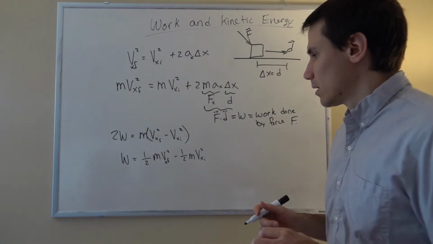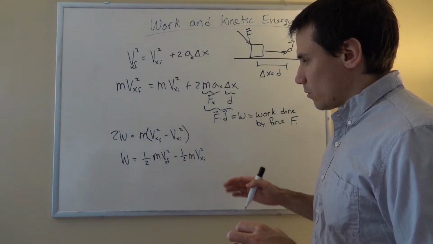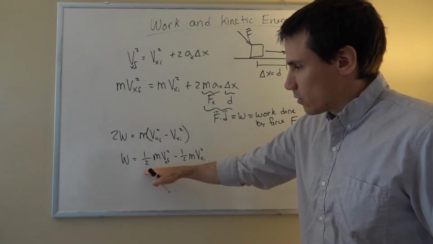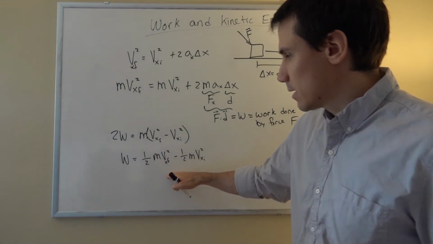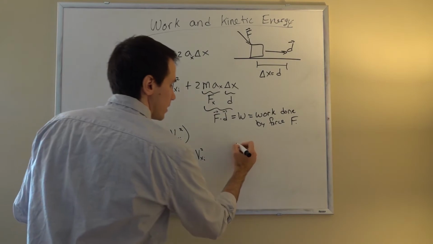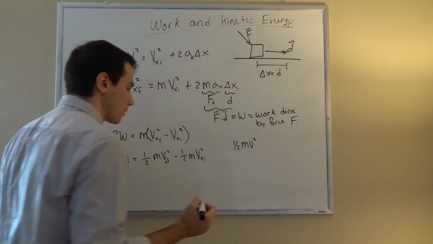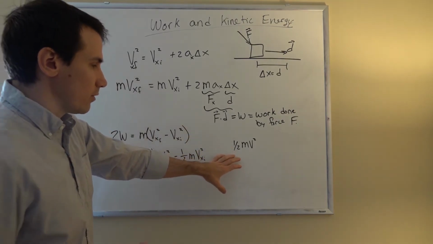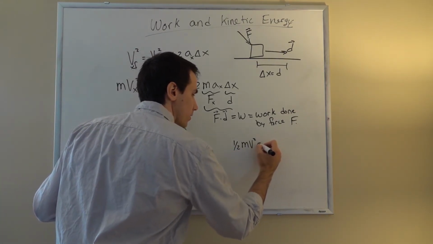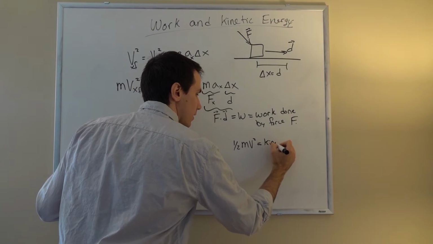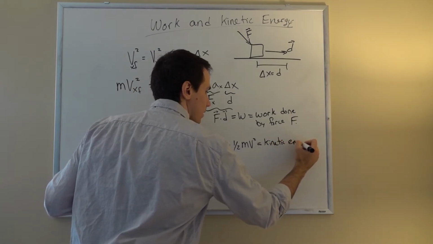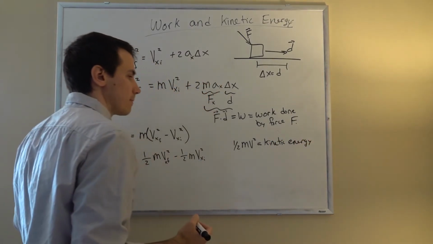And this quantity here, the quantity 1/2 mv squared, in general, this quantity is called the kinetic energy.